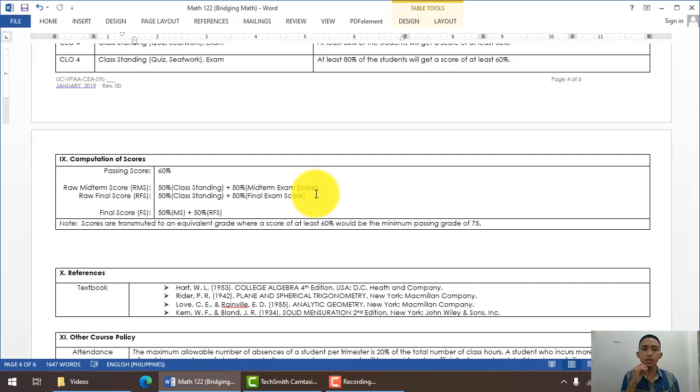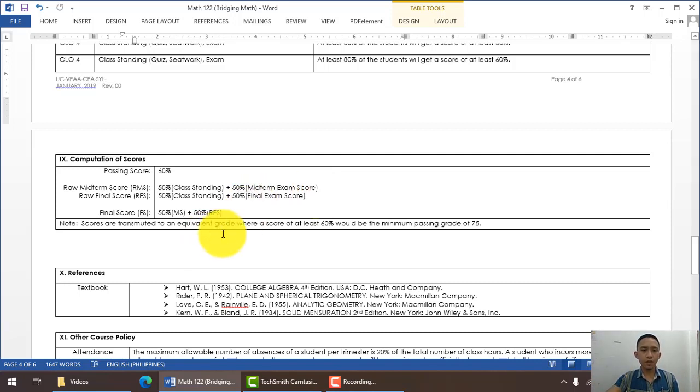As I said a while ago, your passing score is 60%. So if you get a flat 60, that means you already passed, and that is 75. That is transmutation. Let's say you get a score of 80, that is not your grade. Maybe it is a little higher, 81 or 82. So there is a transmutation; the score is not as is your grade.